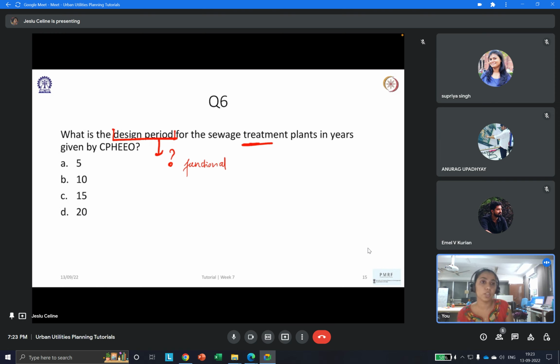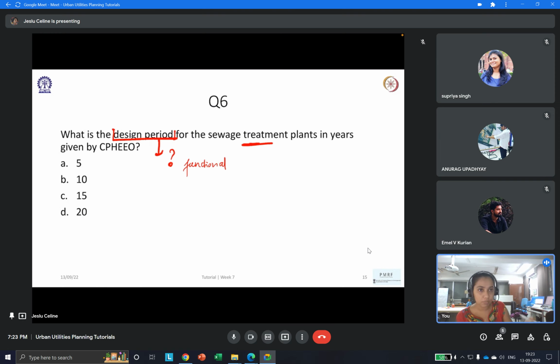For any utility or service we are designing, how long will that service last? As Supriya said, we consider the population projection, the land use variations, and the area availability. As Anurag was saying, we also consider the different components, like what motor is there and what material we are using, and whether that material will be able to stand for so long.